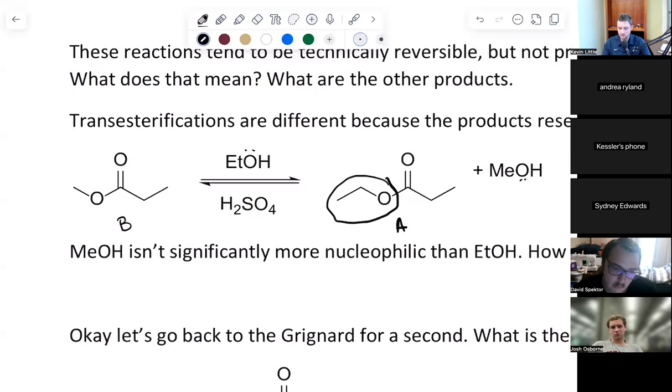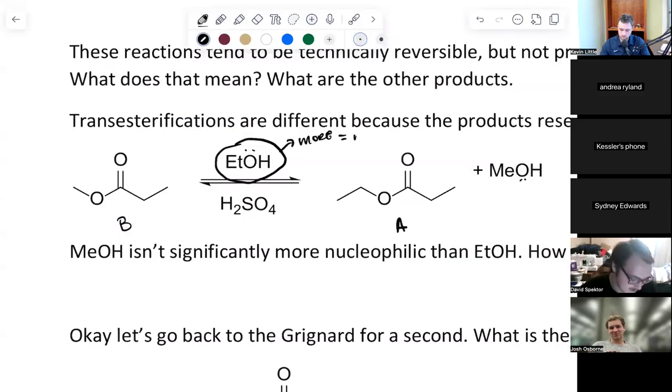lot more ethanol added than methanol, right? So I need more of this. So most of the times, more of this equals more of this.